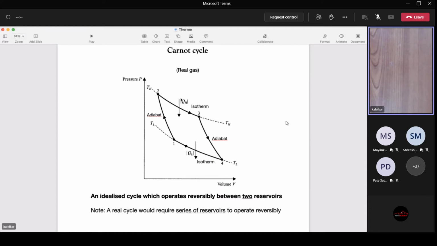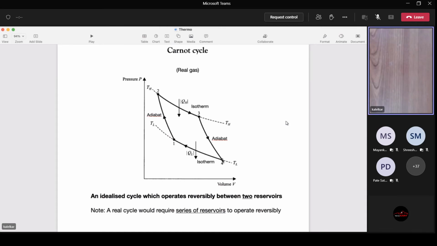You will extract heat, QH, from the high temperature reservoir, so as to ensure that the gas temperature is held constant. So this is the isotherm. To hold the temperature constant, you had to bring in heat because you are expanding the gas. Then you have further expansion, which is reversible and adiabatic, and temperature drops to TL.